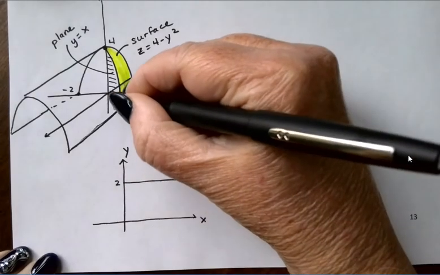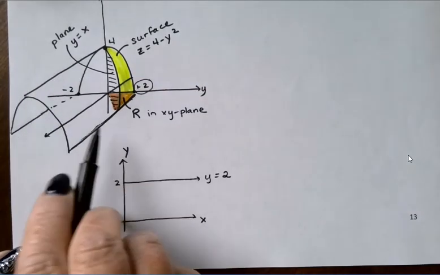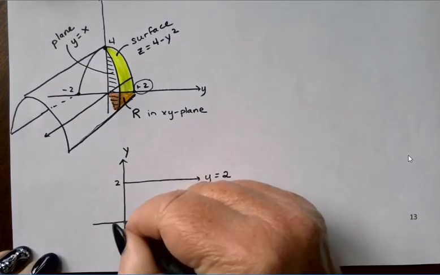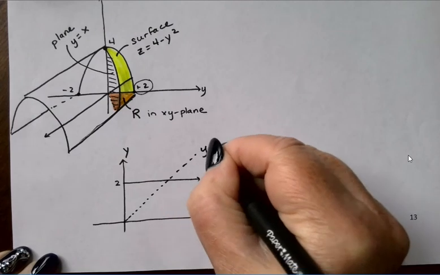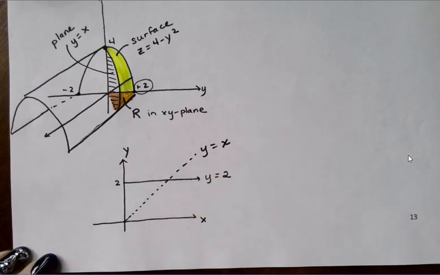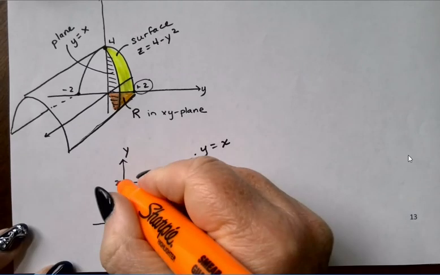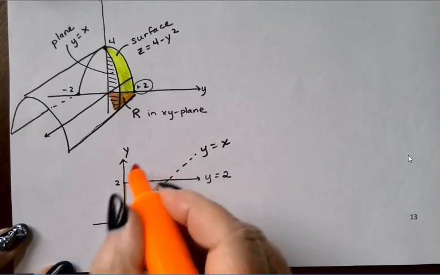And this dotted line that I had drawn, remember that was the plane y equals x, so that's the line y equals x. And then the y-axis itself is another boundary over here. And so R ends up looking like this when I draw it in just the xy plane.